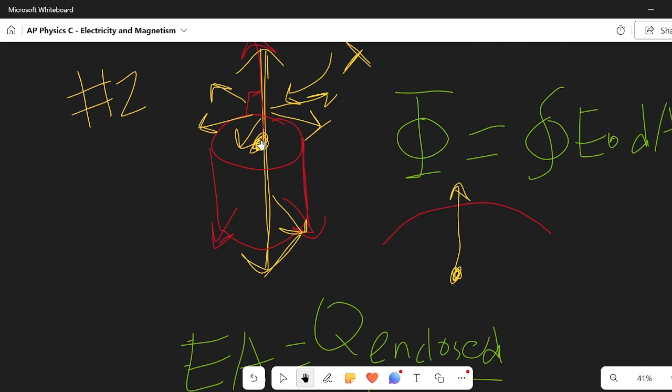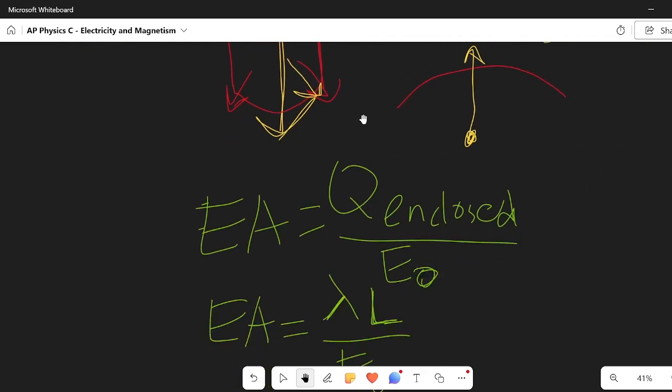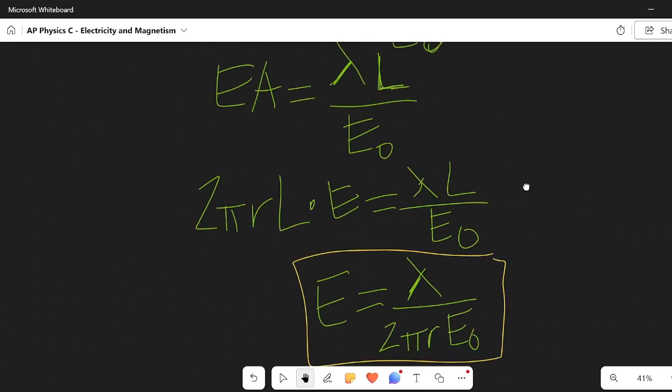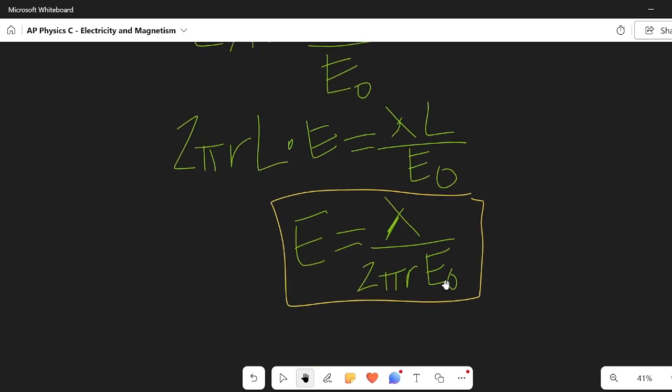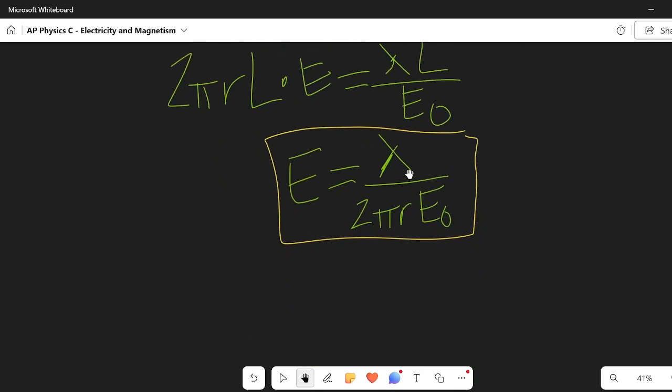If we made this cylinder really large, it would essentially be the distance. It's not just the radius, but also the distance away, for example, if we put a point charge or something like that. So this r here is not a pesky variable. We are going to use this to evaluate electric field. So right here we have a formula.